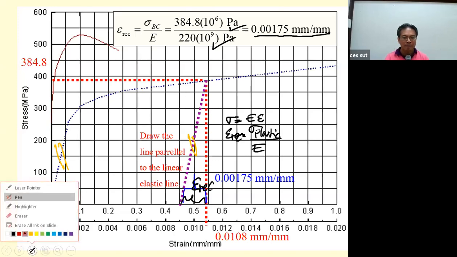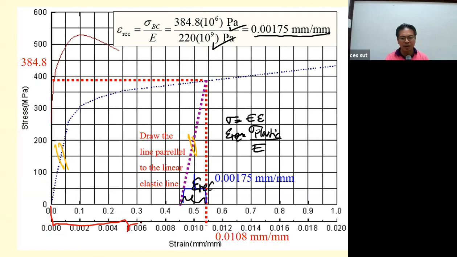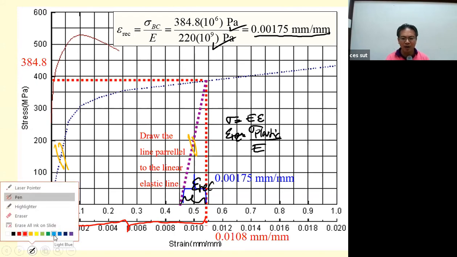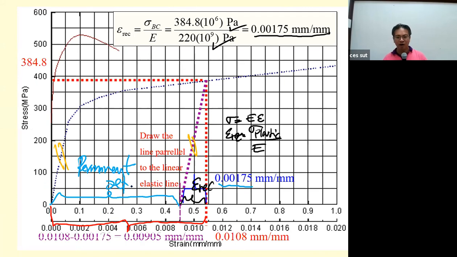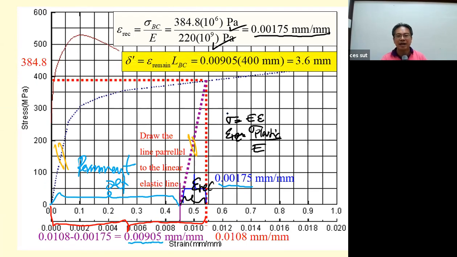Before that, you have the plastic strain of 0.0108. When you deduct 0.00175 from 0.0108, this one is going to be the permanent set. So we have the permanent set of 0.00905, and it only occurs in the BC.